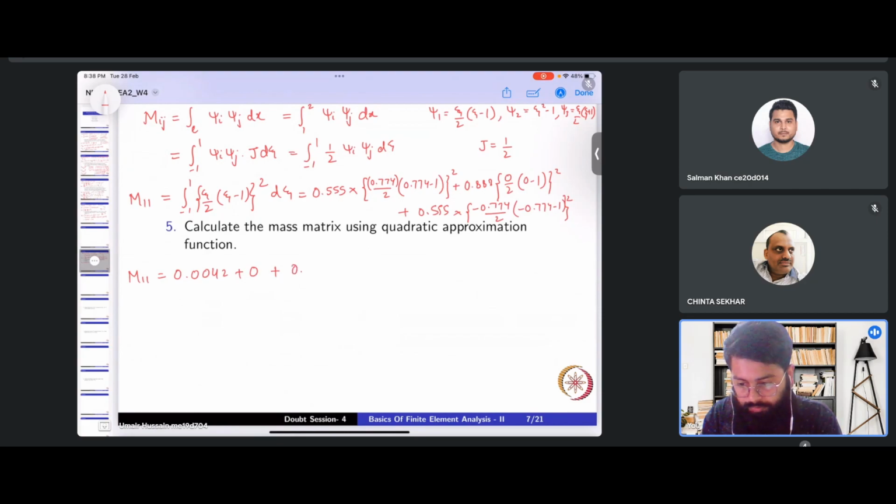Here we get 0.2616. So we add to this 0.0042 and get 0.2657.